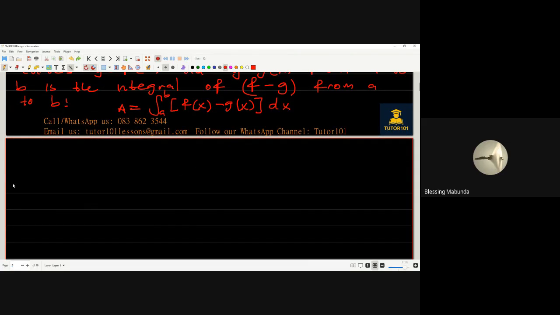Our example one here, we want to find the area between two curves.